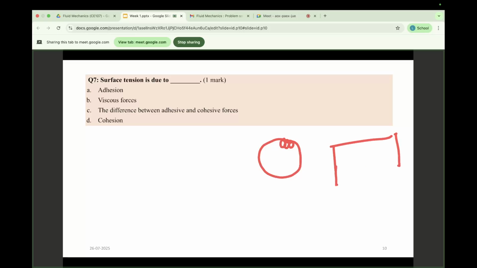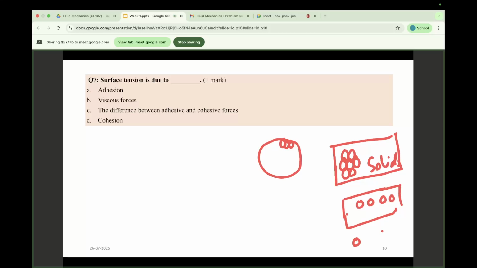We know in a solid the particles are closely packed with each other, right? Whereas in a liquid, the particles are not that closely packed, and in air, the molecules are quite far away from each other. That is the basic concept in solid, liquid, and vapor.